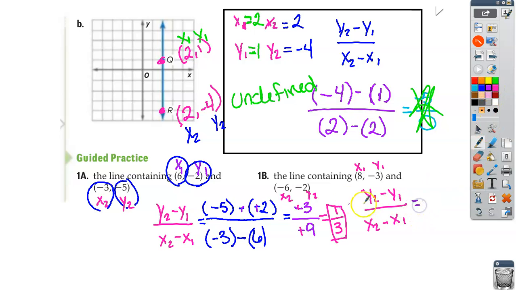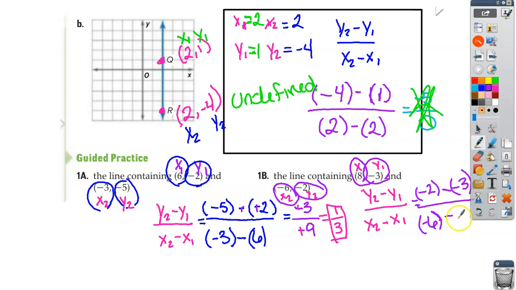Instead of y2, I'm going to put negative 2, minus y1, which is negative 3, over x2, which is negative 6, minus x1, which is 8.